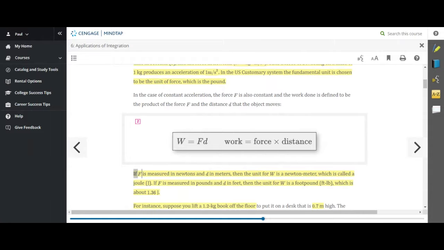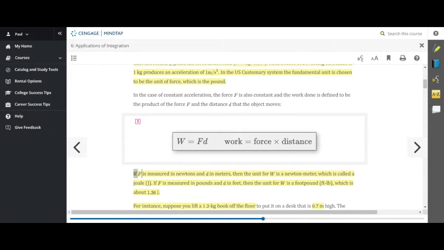You haven't done any work on an object unless the object moves, right? If you apply some constant force to an object and the object moves a certain distance, you've done a certain amount of work on the object, like pushing a table or pulling a wagon.